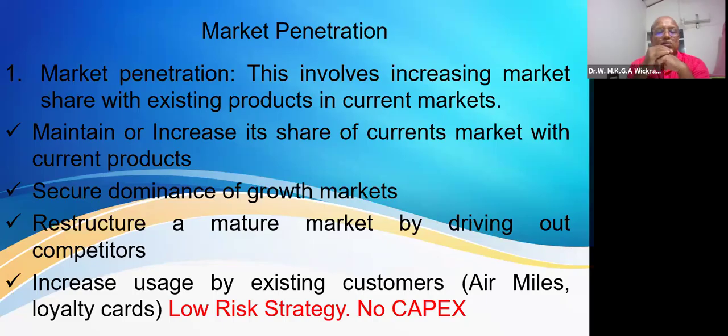You can read all this history of the companies and understand. So I said it is a low risk strategy. Why? I have put it in red. What is capex? Can anybody tell me what is capex?